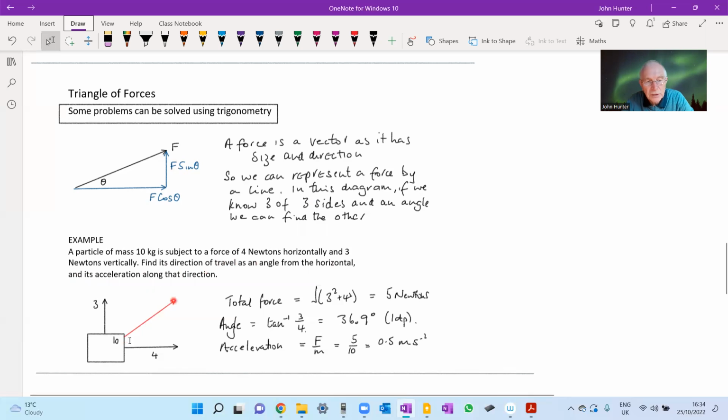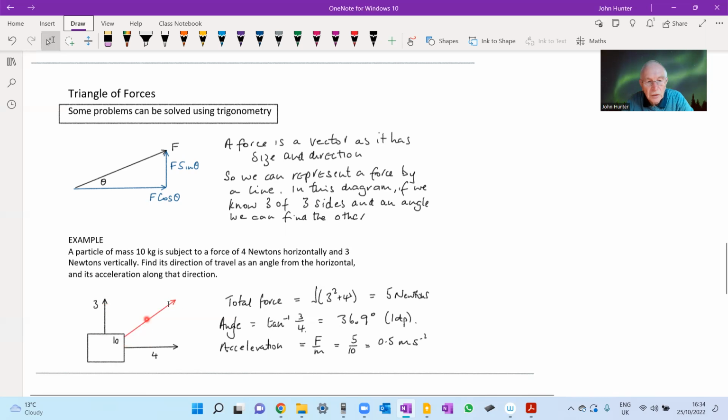Well, here we've got the same thing that we've got above. So the total force, and I've conveniently chosen a Pythagorean triple, is 5 newtons.